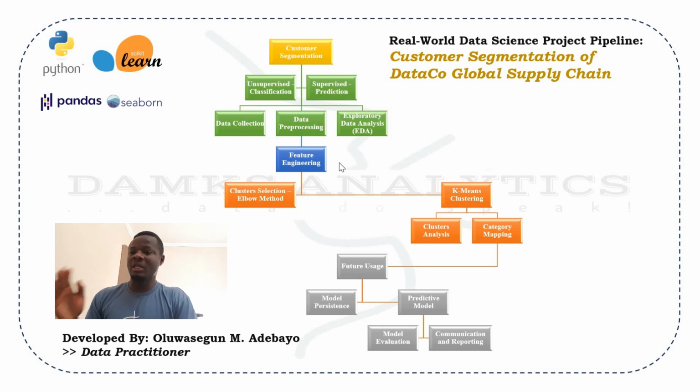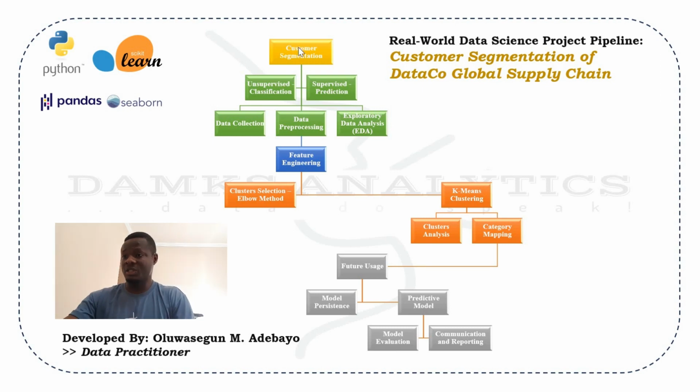It helps my flow of thoughts to know that, okay, from this stage to this stage, from this stage to that stage. Oftentimes, when I don't have a well laid out pipeline, I end up developing nonsense, I end up developing rubbish, really. That is the truth. So this is the pipeline that we're going to be working with, and the title of the project is customer segmentation.